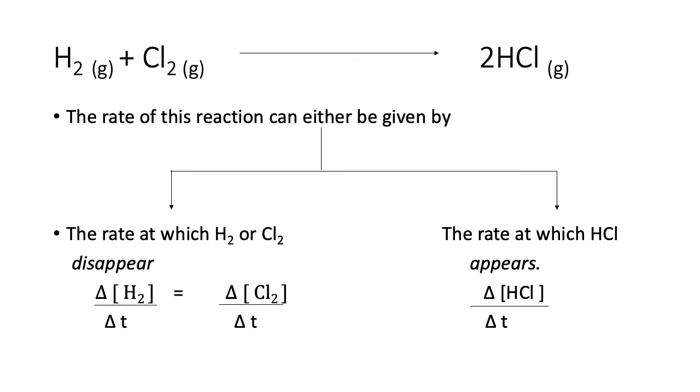So what have we put in the denominator? We've got delta t. Again, delta represents change in this expression, right? So we can express it either in terms of the reduction in the concentration of reactants or the increase in the concentration of products.